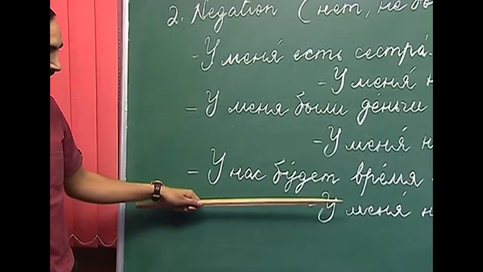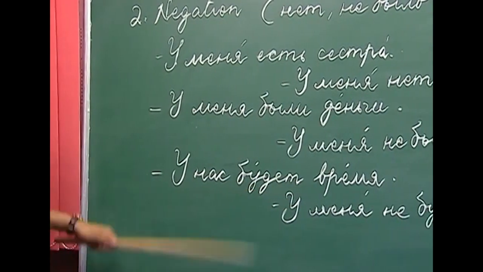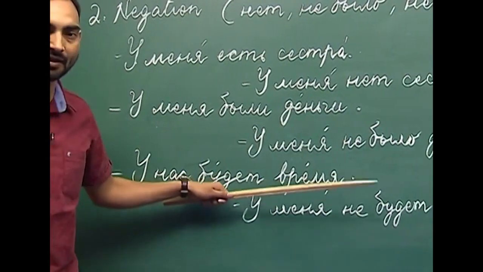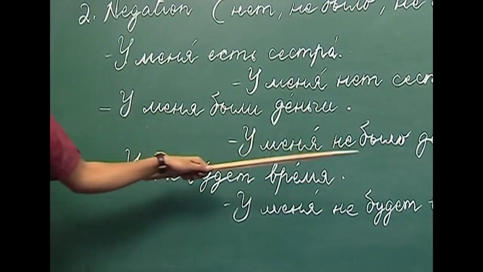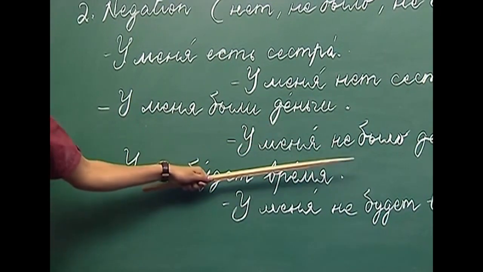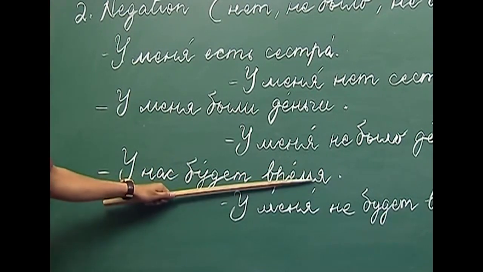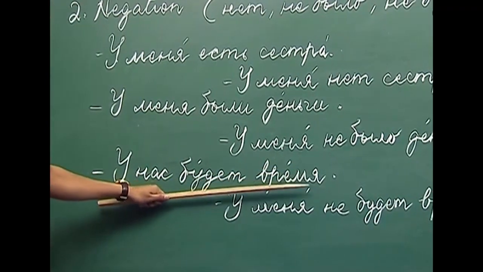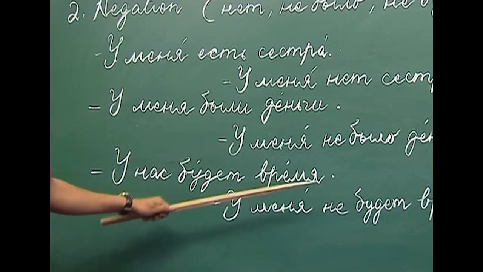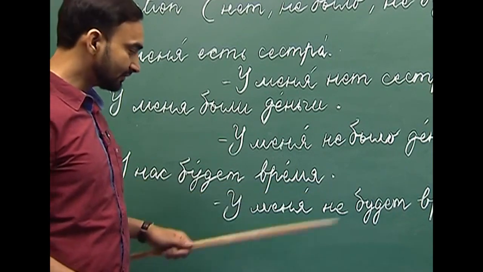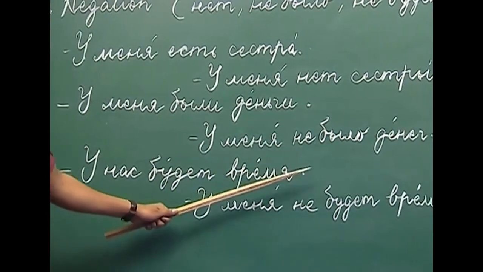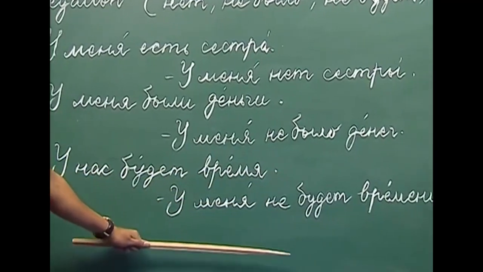So, the next example we have is in the future tense. У нас будет время. So, we will have time. So, this was the assertive construction, and время is in the nominative case. What if we convert the same sentence into a negative one?